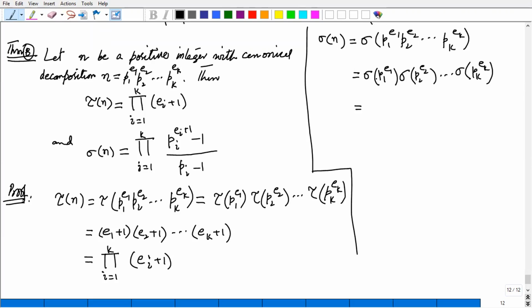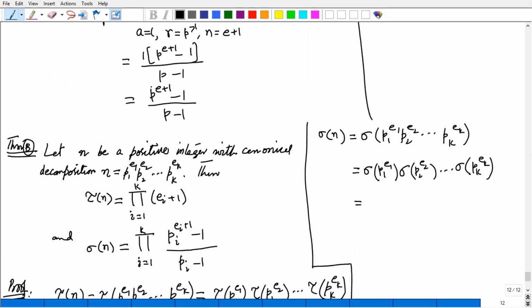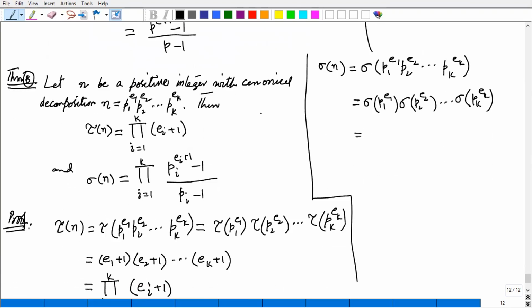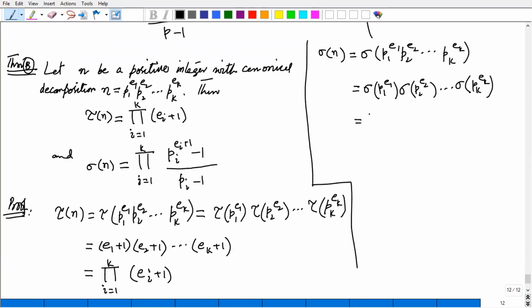By the previous theorem, we can apply the formula for sigma here. So this is (p1 to the power e1 plus 1 minus 1) over (p1 minus 1), and (p2 to the power e2 plus 1 minus 1) over (p2 minus 1), till (pk to the power ek plus 1 minus 1) over (pk minus 1).